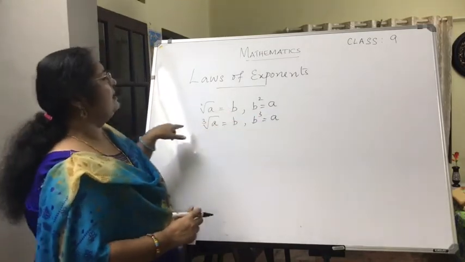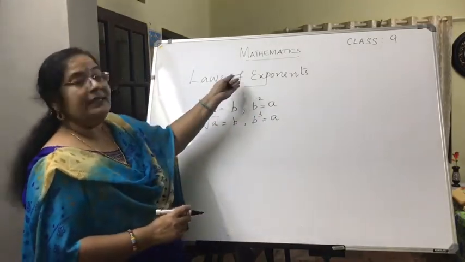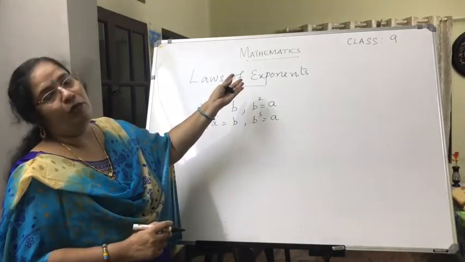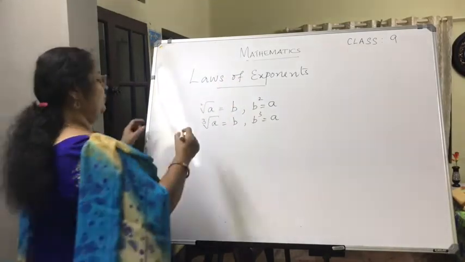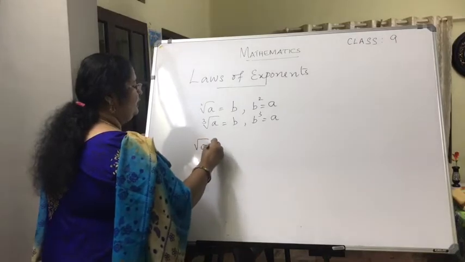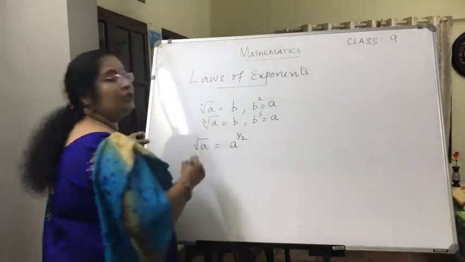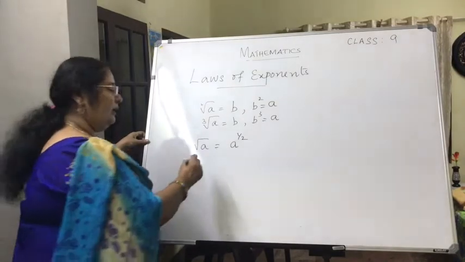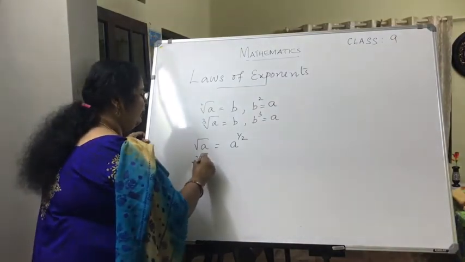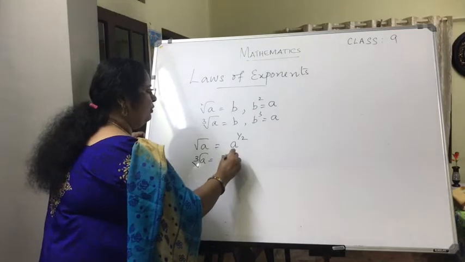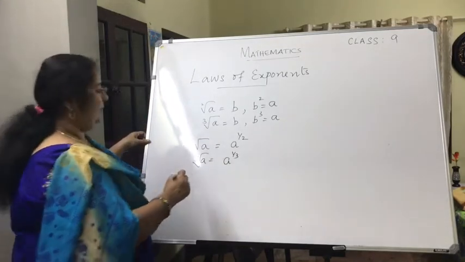Now keeping this in mind, we can write it in the exponential form also. So root of a actually means a raised to 1 by 2. Cube root of a means a raised to 1 by 3.